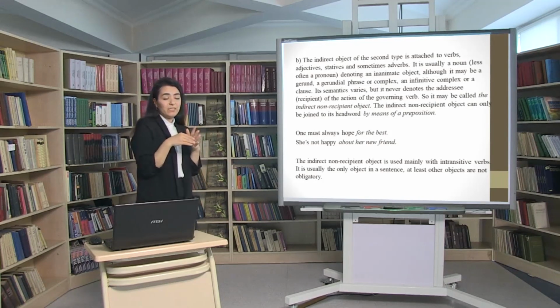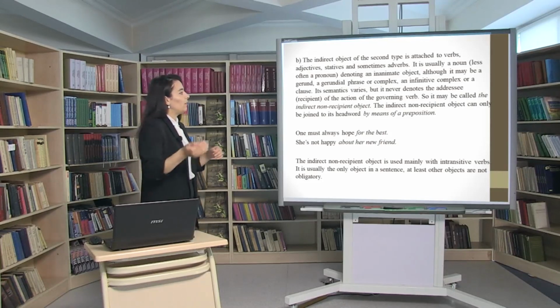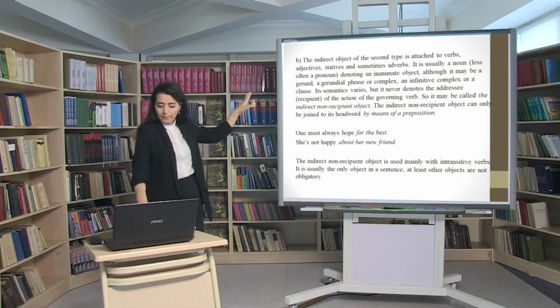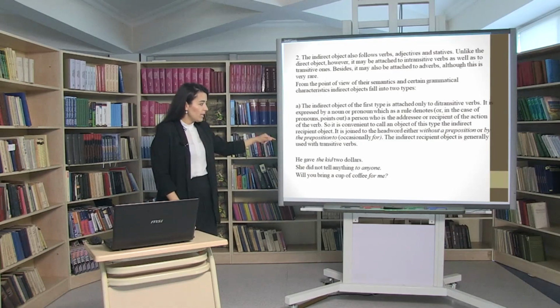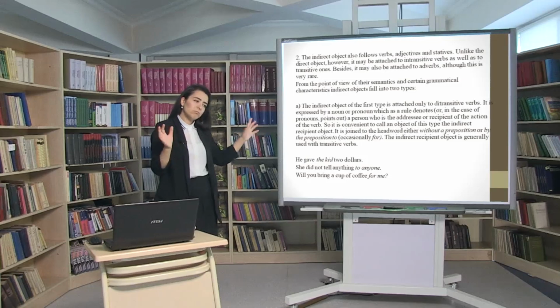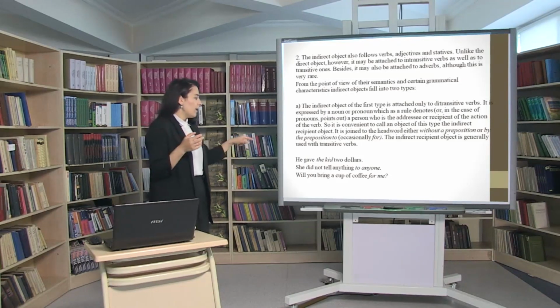The indirect non-recipient objects can be joined to their head word only by means of prepositions. In the first type, as I said, for example, he gave the kid $2, we haven't used any preposition, but we can easily find the type of object.